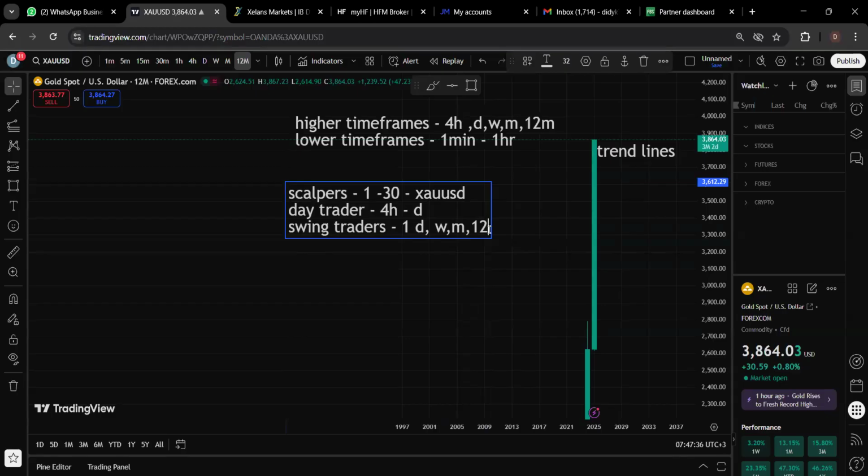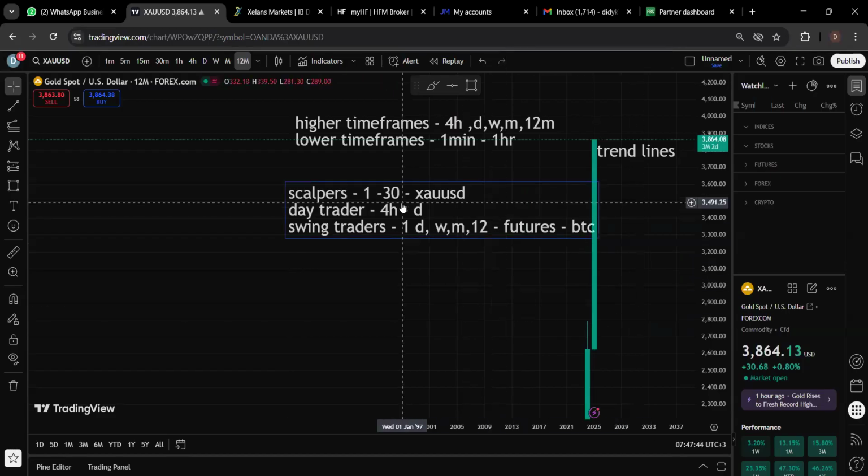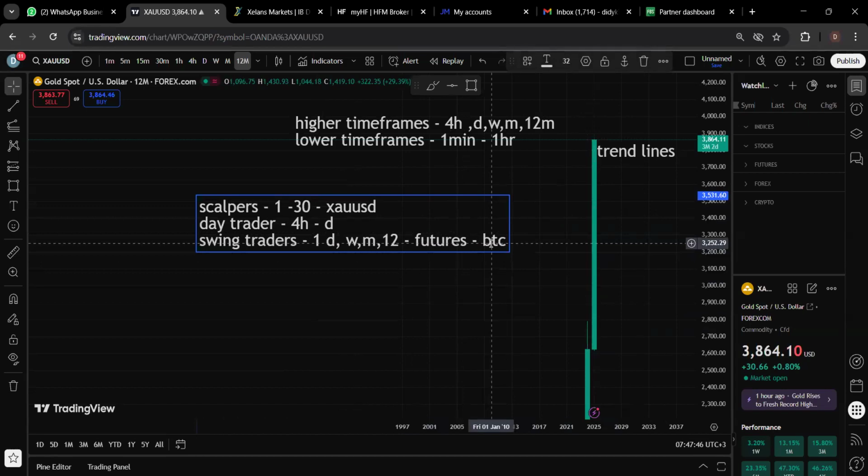And I swing trade futures. I have a very long trade I started last year on Bitcoin. I'm expecting Bitcoin to continue pushing up. So with time you identify yourself with one of these categories, but the analysis is the same.